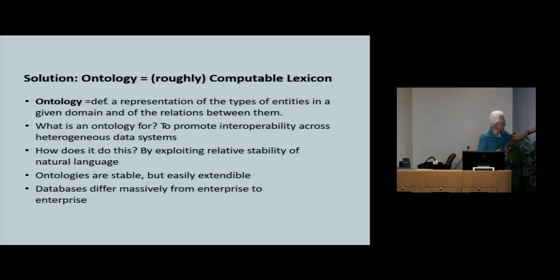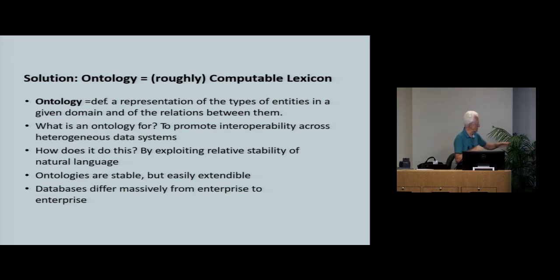So ontologies are stable, and the way we build them, you can add new branches quite easily. And databases are not stable, because people build new ones all the time, but they're also not extendable. Database software makes it very difficult to add a new column to a database if it's part of a database system, where ontologies find it very easy to add new branches, as we will see.